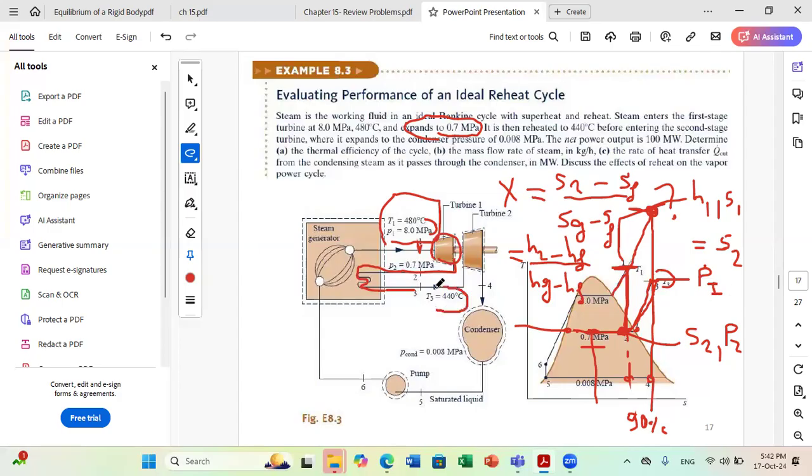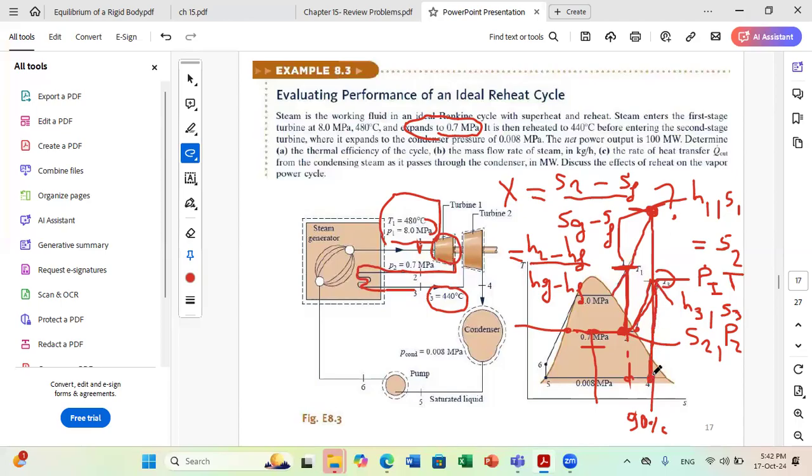So again, since they gave us pressure and temperature, we are sure that we are in the superheated region. And then from pressure and temperature, we can get the properties of interest here, which are H3, the enthalpy that we need in the energy balances. And we need also S3, because in the second stage turbine, we have adiabatic, isentropic expansion. So S3 is equal to S4.